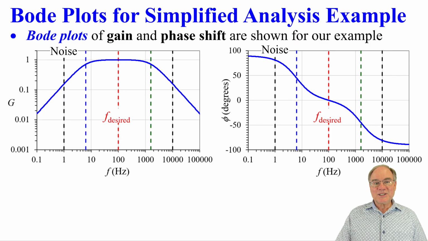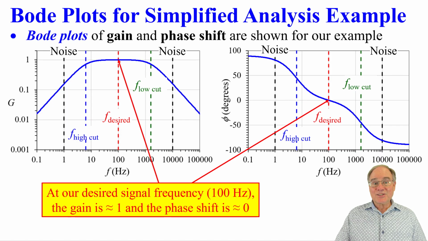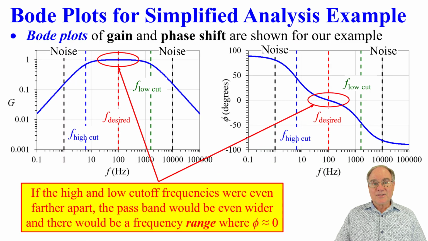Here's our low frequency noise and our high frequency noise, and I label the high cutoff frequency and the low cutoff frequency. At our desired signal of 100 Hz, the gain is nearly 1 and the phase shift is nearly 0. If the high and low cutoff frequencies were even farther apart, we'd get a wider band here, and we'd get a flat region here where phi is 0.